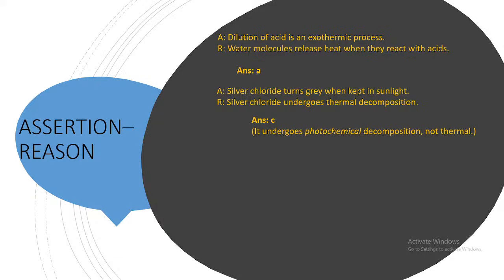So be careful, don't blindly go for decomposition. See what type of decomposition is mentioned. Had it been only decomposition, it could have been option A. But here it says thermal decomposition, so it cannot be. It's an example of photochemical decomposition. You have to be very careful while reading the statements.